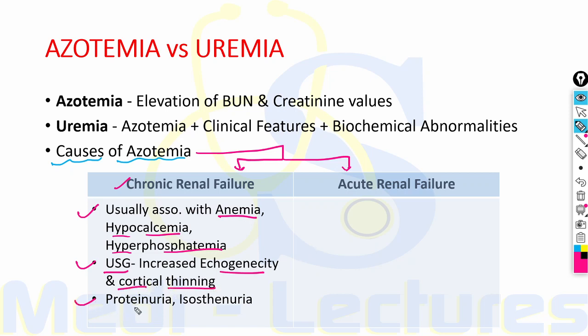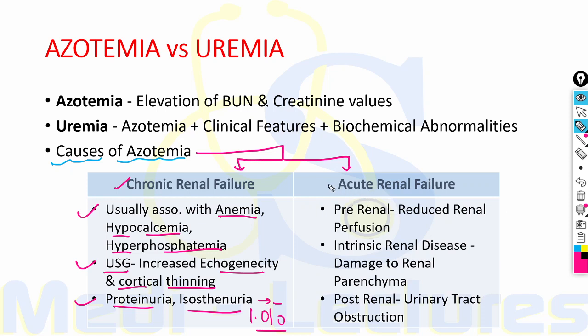On urine analysis, there will be proteinuria and isosthenuria. Isosthenuria means fixed specific gravity at 1.010, that is, the kidney is unable to concentrate the urine.